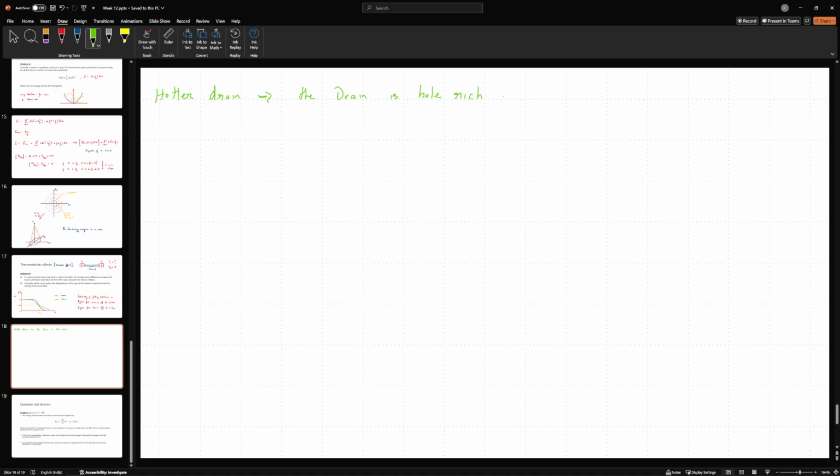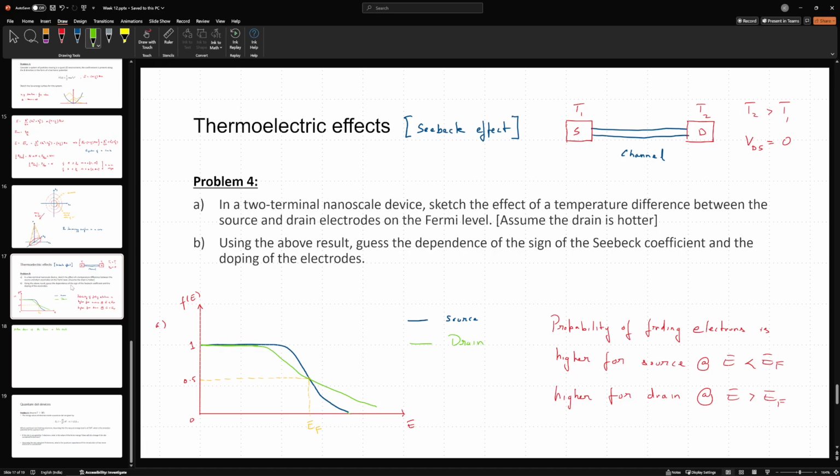Like it's essentially rich in both electrons and holes, right? No. No. I'm sorry. So this is hotter. So, oh God, what am I doing? Yeah, I'm sorry. I was just overly confusing everything.